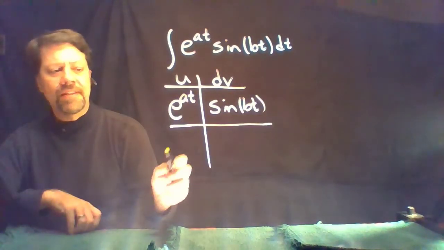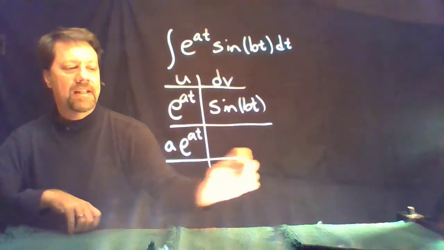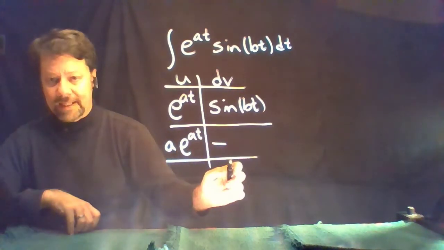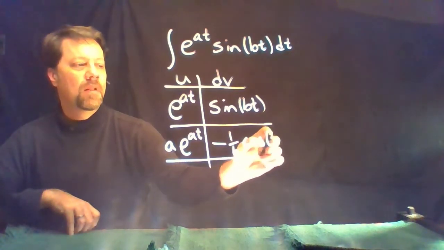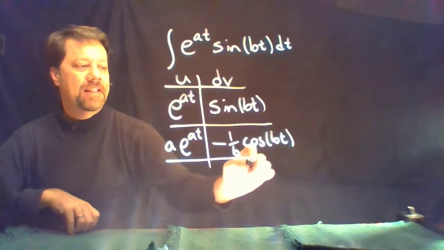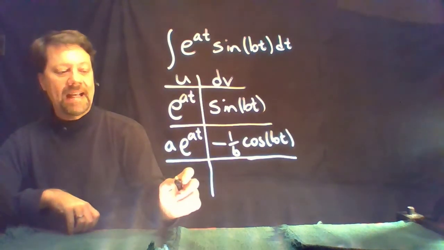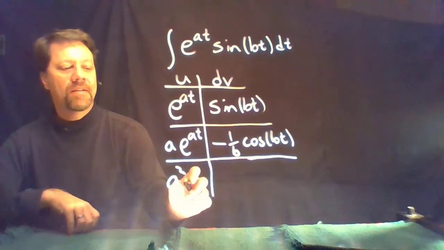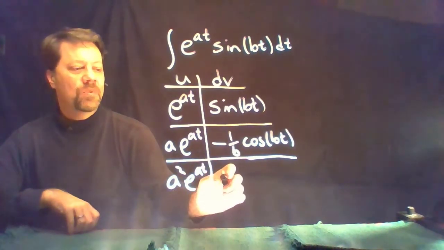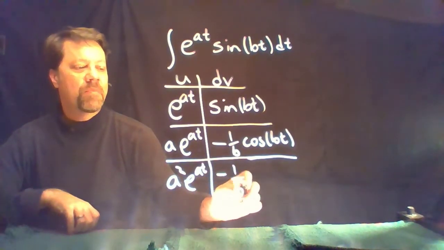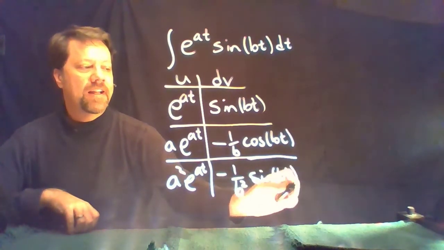We differentiate down the first column, yielding a e to the at, and on the second column, negative 1 over b cosine of bt. We differentiate again, yielding a squared e to the at, and integrate again, we'll get minus 1 over b squared sine of bt.